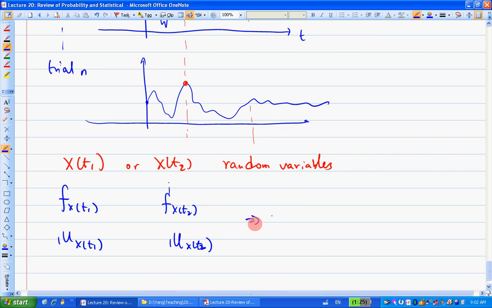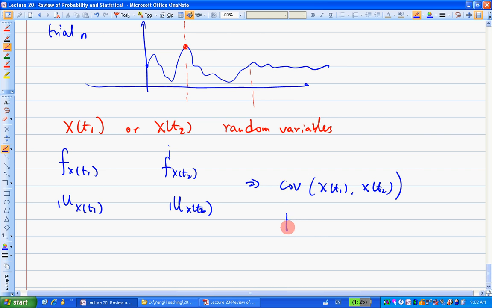So what can we do? We can look at the covariance of these two random variables, or we can look at the correlation of these two random variables.